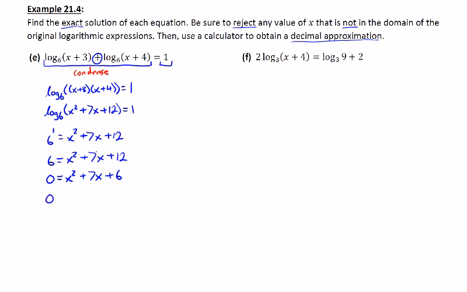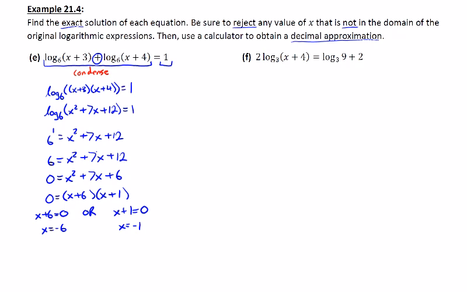However, this is a nice enough quadratic equation that I can perform trinomial factoring with x plus 6 and x plus 1. And then setting each factor equal to 0 should give us two possible results: x equals negative 6 or x is equal to negative 1.